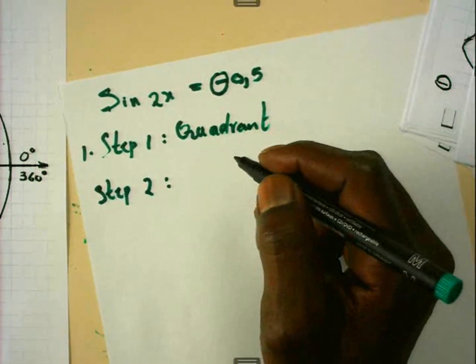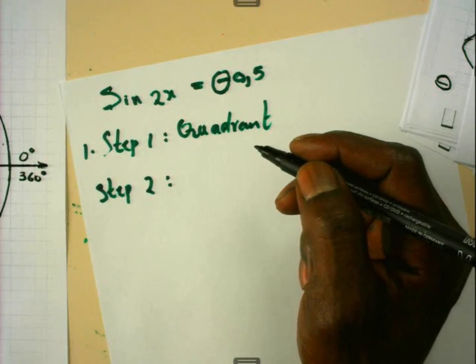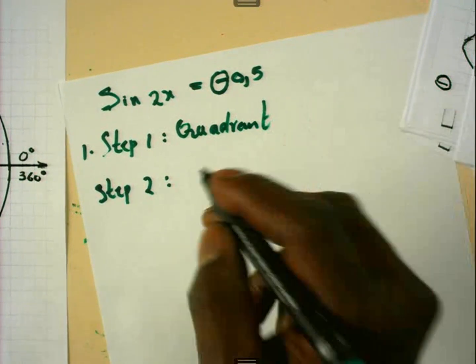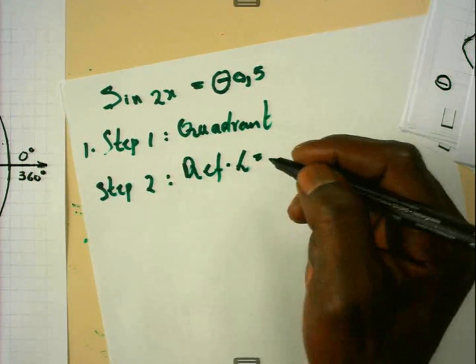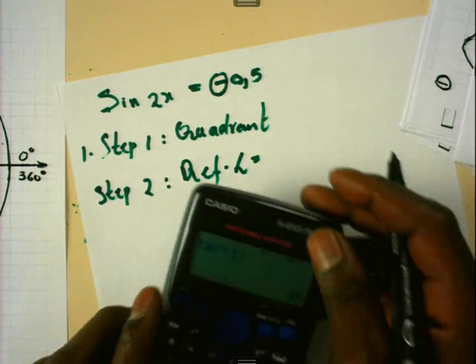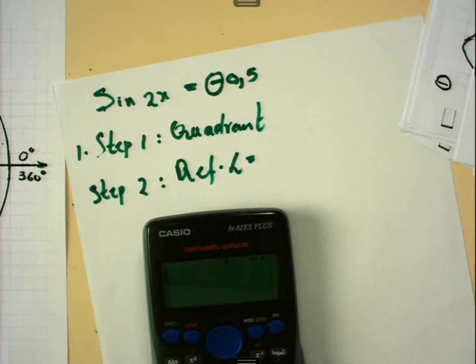We want the angle that we'll refer to in order to generate the solution for the problem. So that is our reference angle. How do we calculate our reference angle? For a start, we press second function, arcsine, or the Casio has put the brackets for me there.